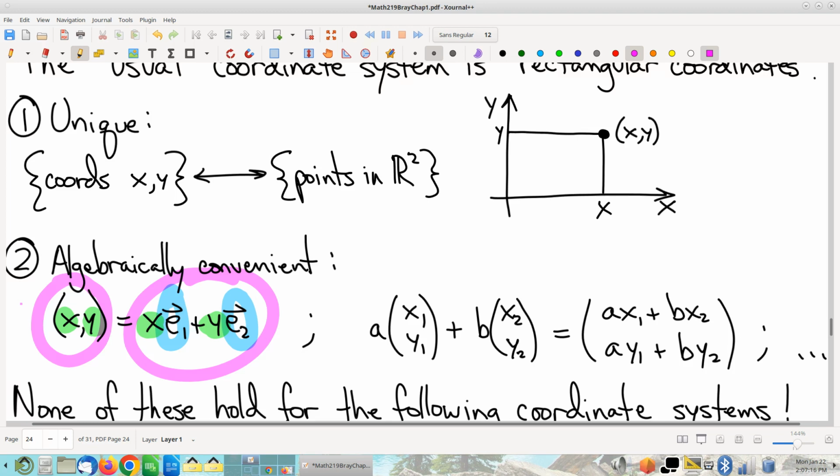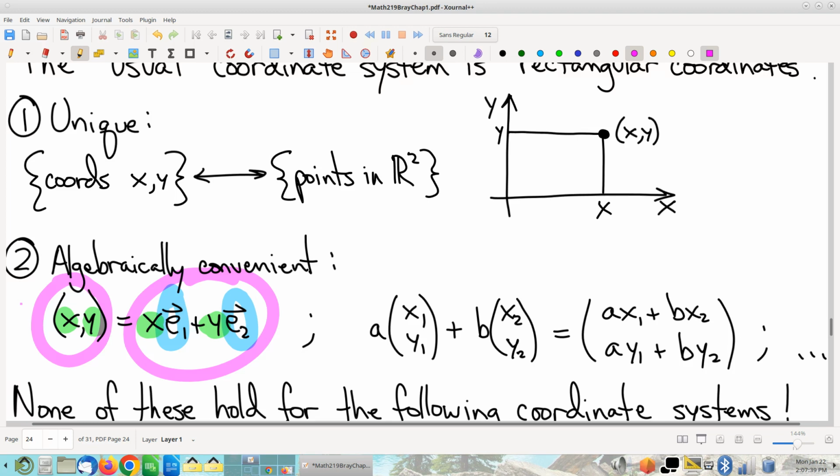So coordinates are coefficients in a linear combination. Nice. And by the way, just a quick callback to linear algebra class, and arguably in some sense this is the definition of what we mean by coordinates. Anyway, it's algebraically convenient. If you know the coordinates, then you know the corresponding coefficients.